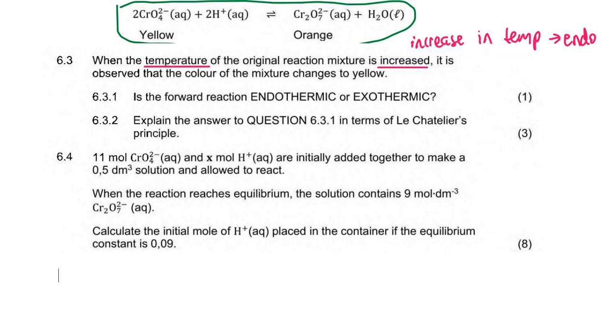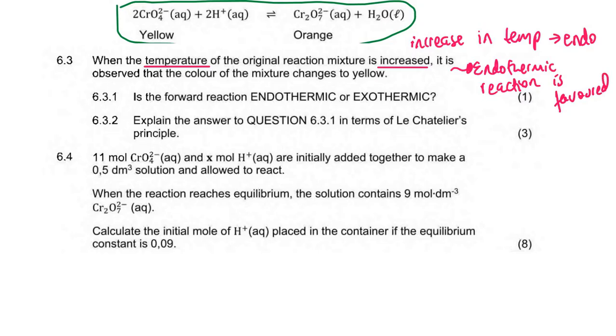So when you increase temperature, you can't choose exo because it will be more hot. The system will choose endo, the one that is cold. Okay, so we already know here that now the endothermic reaction is favored. Let's already know that the endothermic reaction is favored due to an increase in temperature.